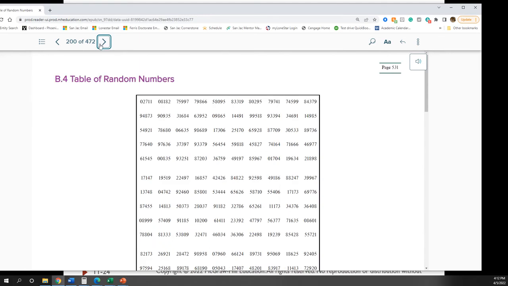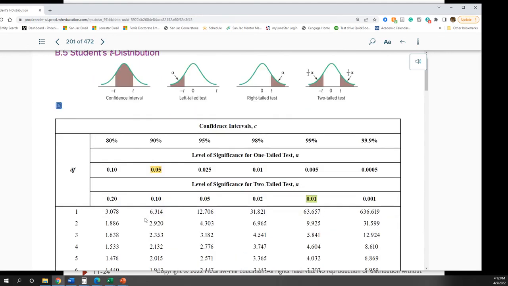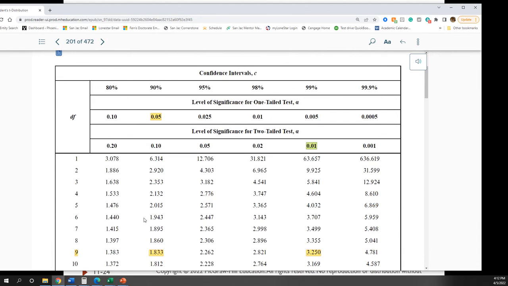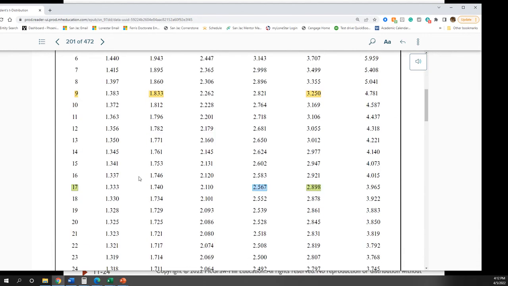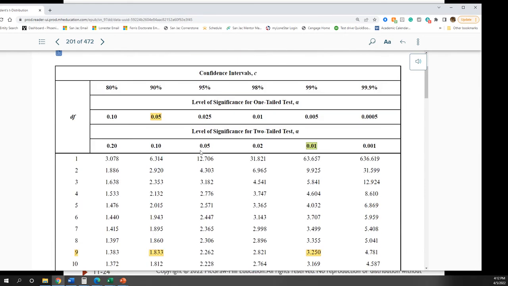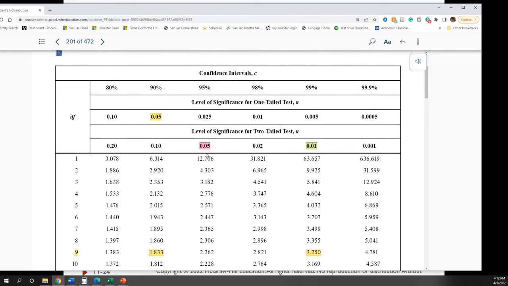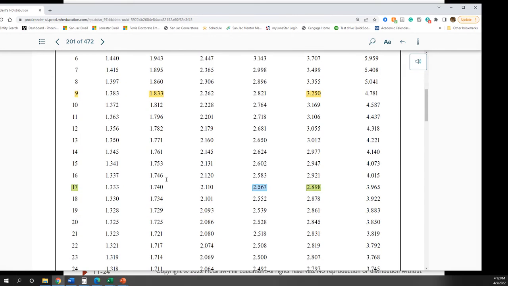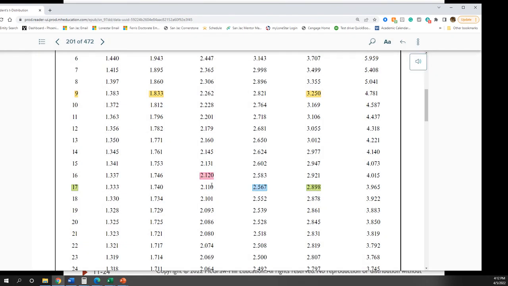Okay, here's our chart. That's for Z. Here's T. Again, 0.5 is right there in 2. So we're going to be looking for 16. Two-tail. Two-tail. Right there. Two-tail, 16. Looks like it's 2.12.